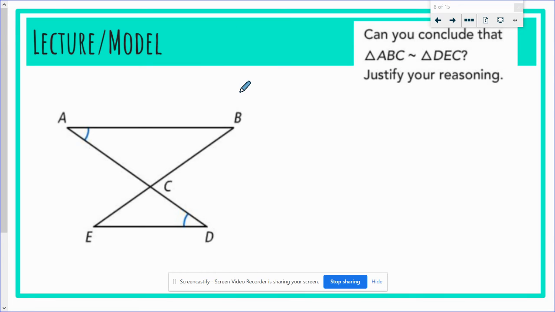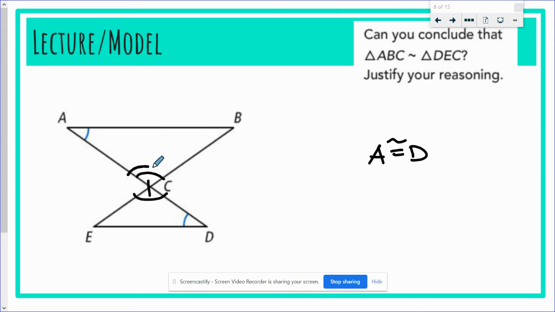Can you conclude that triangle ABC is similar to triangle DEC? What I'm looking at here are these little tick marks. This means that angle A is congruent to angle D because they each have that little tick mark. I'm also looking at this angle here.